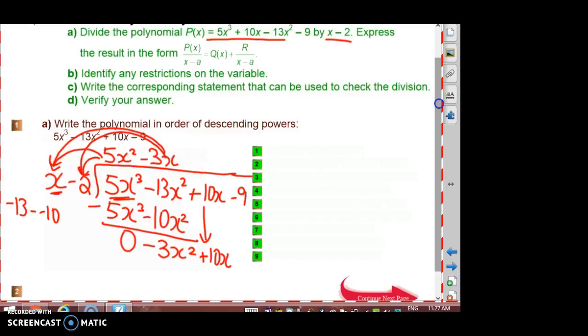So I go minus 3x times x, and I get minus 3x squared. And then I go minus 3x times a minus 2, and I get a positive 6x.